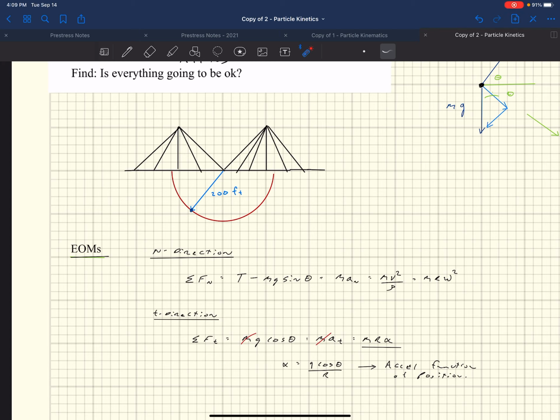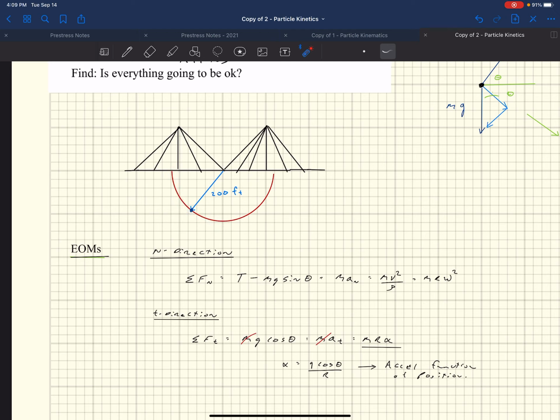These problems scream work energy. If you could use work energy right now, if we knew how to do it, we don't know how to do it yet. But once we do, this problem is a piece of cake with work energy. The velocity up at the top, I know what the potential energy is. I know what the kinetic energy is up at the top. All of that potential energy goes into kinetic energy down here at the bottom.